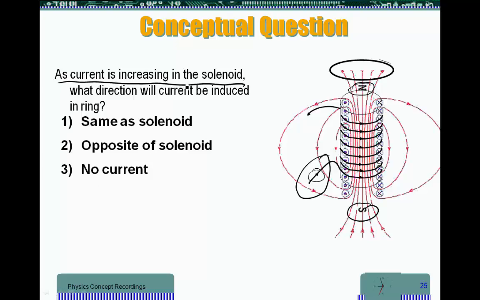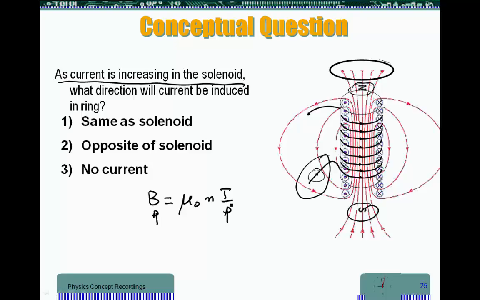So when we increase the current in the solenoid, what's that going to do? That's going to increase the magnetic field due to the solenoid. Remember, the magnetic field due to the solenoid is given by this expression, mu0 n I. Increase I, you increase B. N is the number of coils per unit length, and mu0 is a constant.